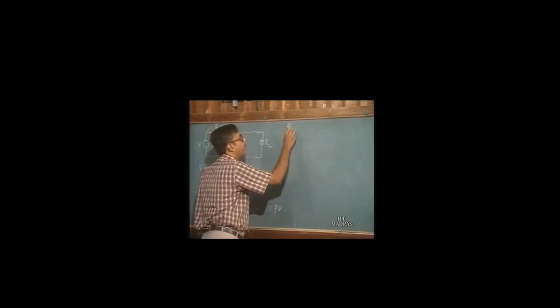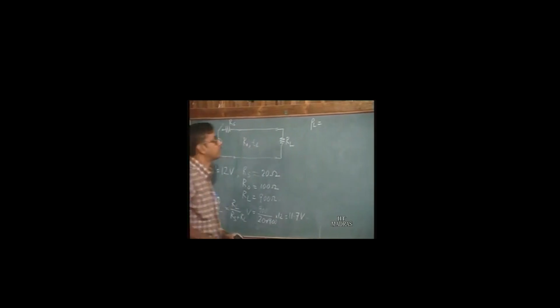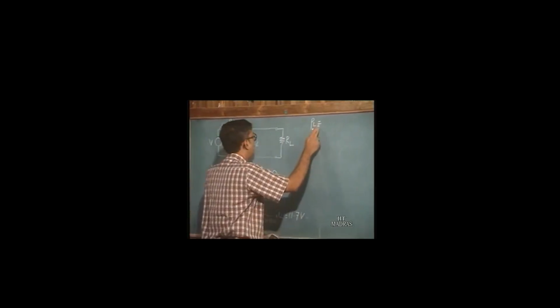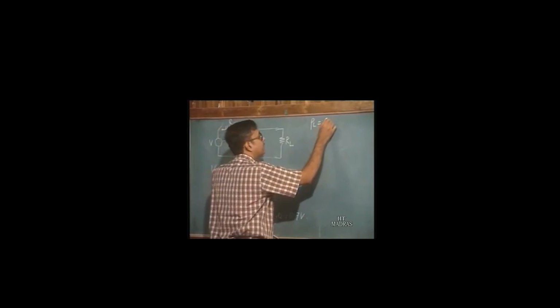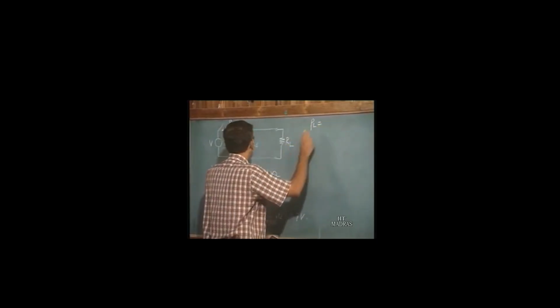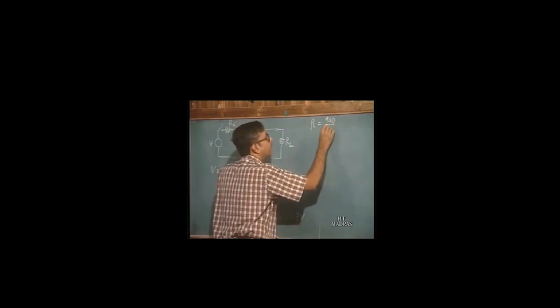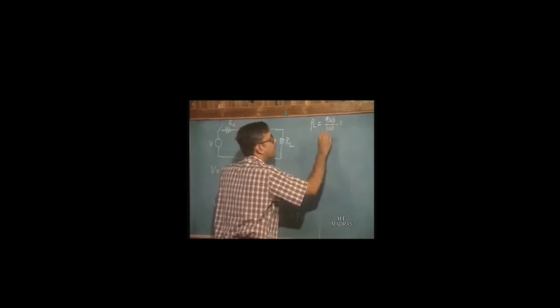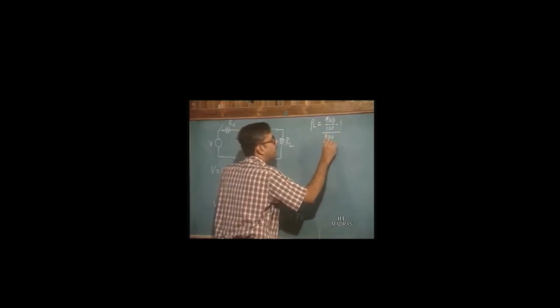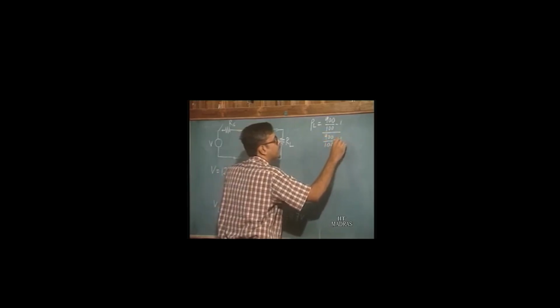So rho L, using the expression we have already seen, is (RL by R naught minus 1) divided by (RL by R naught plus 1), that is (900 by 100 minus 1) divided by (900 by 100 plus 1). So this is going to be 0.8.